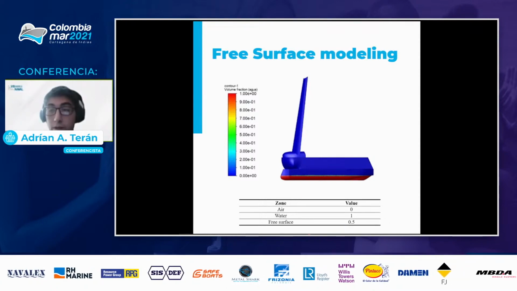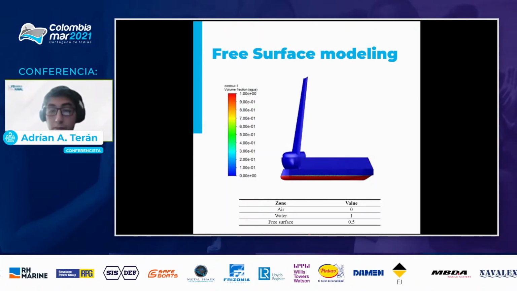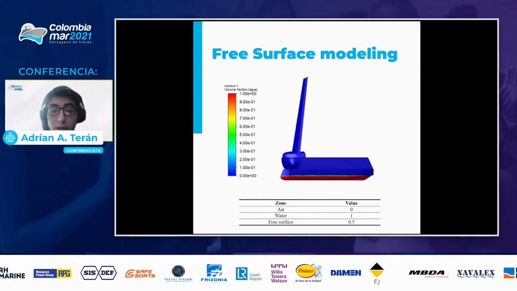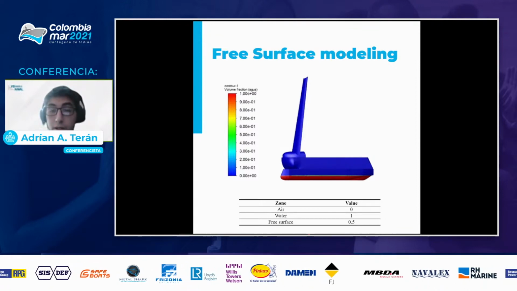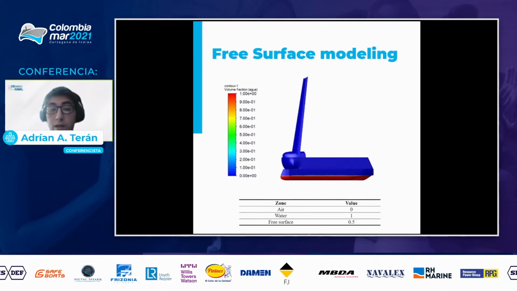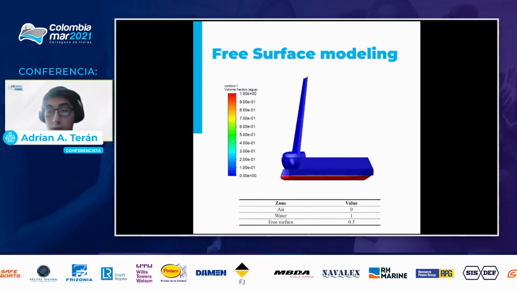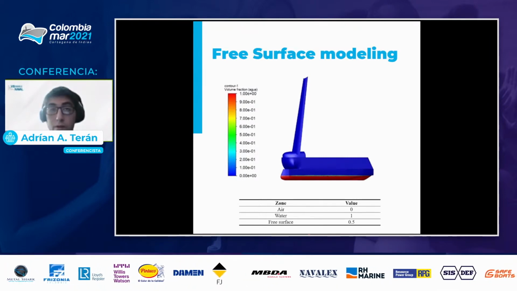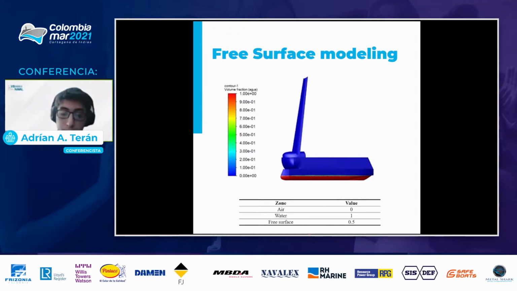In this case, a 0 value will indicate that the cell only has air, represented by blue. The value 1 is going to represent that the cells only contain water, represented by red. And to plot the free surface, we will use a value of 0.5, which is a case where the cell contains 50% water and 50% air.